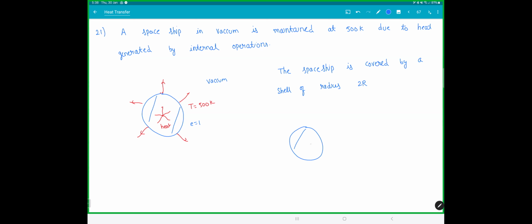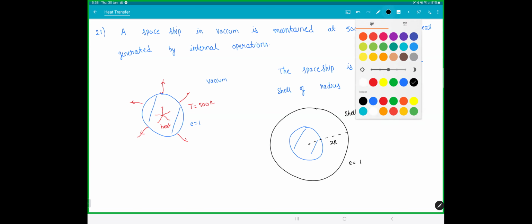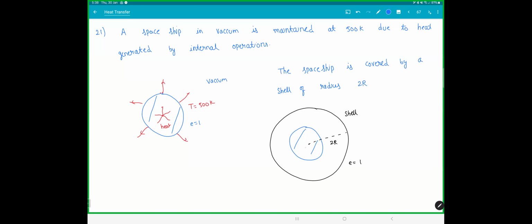E is equal to 1 for the spaceship. So we have the spaceship, and you took a concentric shell and kept it around it. Radius is 2R, E is equal to 1. Now the spaceship is still generating the heat and everything. Nothing changed for the spaceship.